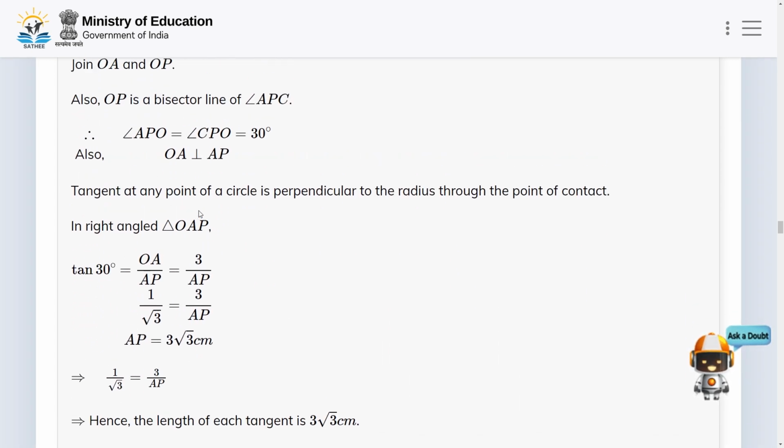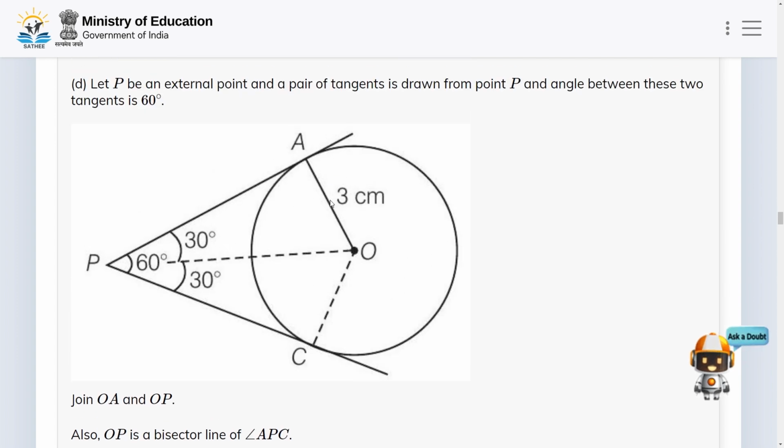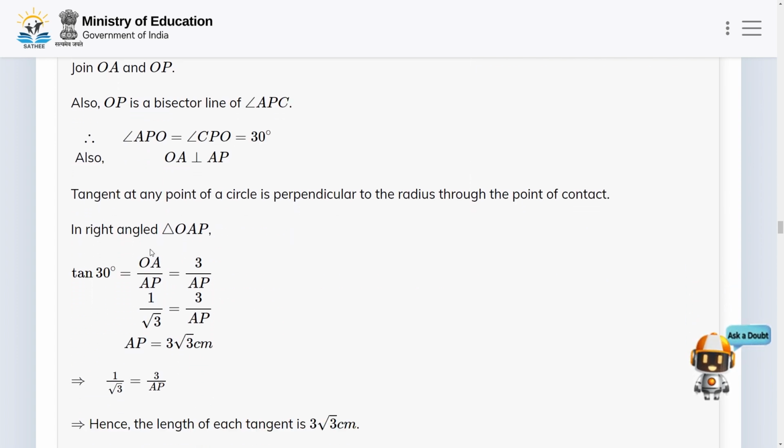Okay, in right angle triangle OAP, tan 30 degrees is equal to OA by AP. Here OA is 3 centimeter, so tan 30 degrees is equal to 3 by AP, and tan 30 degrees is equal to 1 by root 3. So 1 by root 3 is equal to 3 by AP, and it implies AP is equal to 3 times root 3 centimeter.